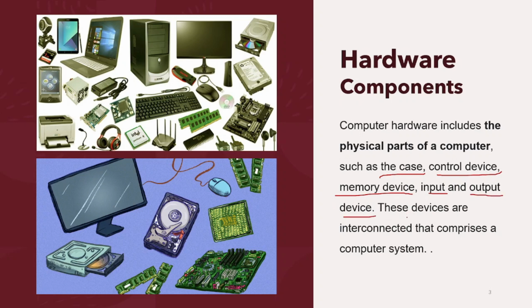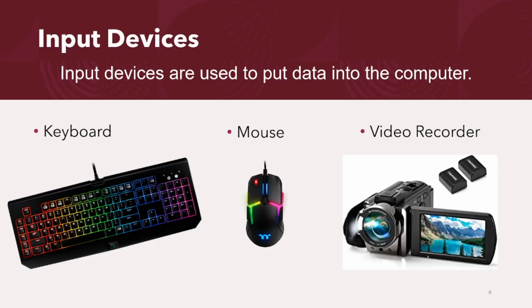These devices that interconnect with each other comprise or make the computer system. So if these hardware devices or hardware components are interconnected, meaning they can communicate with each other, that makes a computer system.